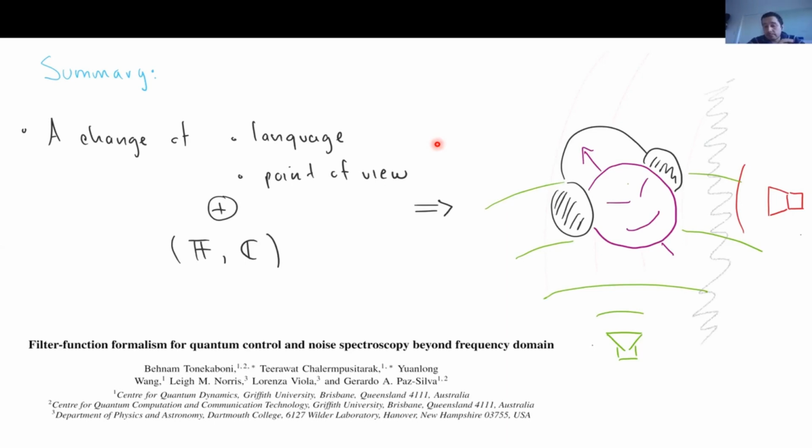And these are great because they require little information about the noise, and they do improve your gate fidelities, though not to the extent that an optimal control routine could, right?